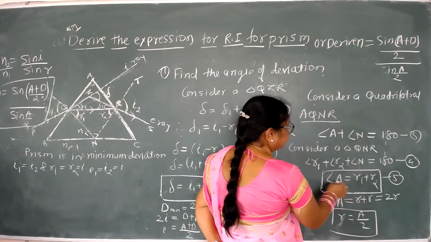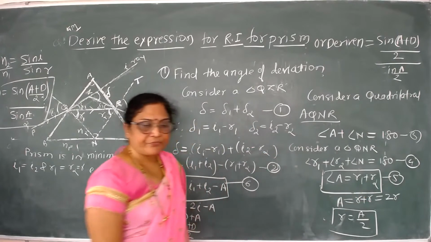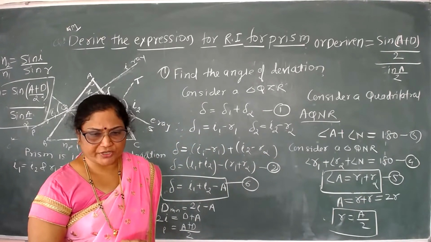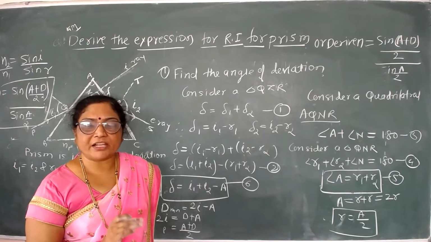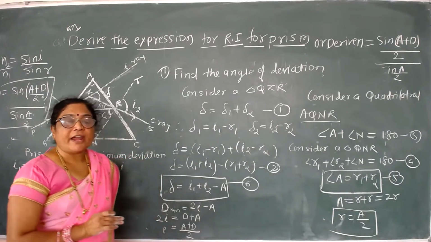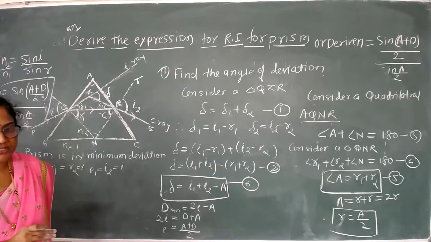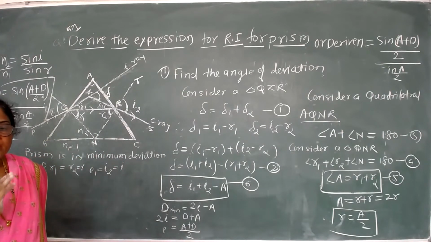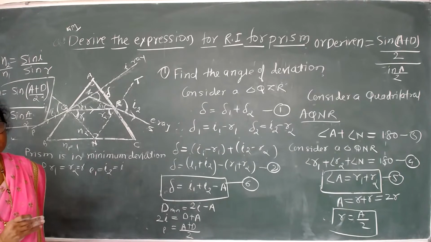See here, after this, when the prism is set in the minimum deviation position, the minimum deviation position is that in which the incident angle and the emergent angle are both the same.